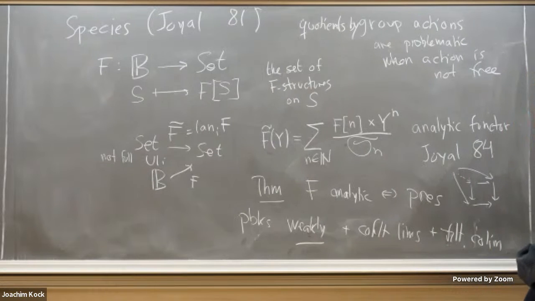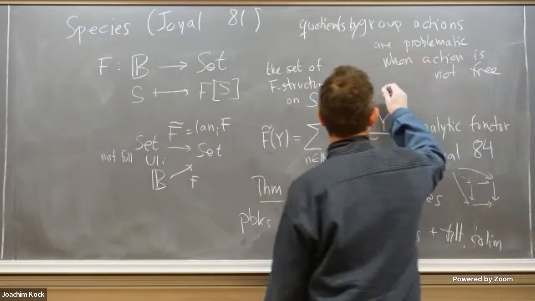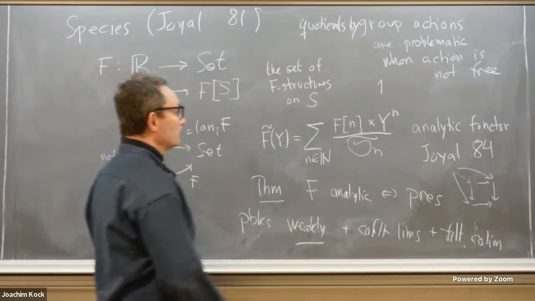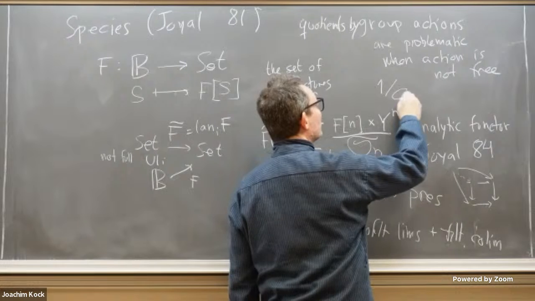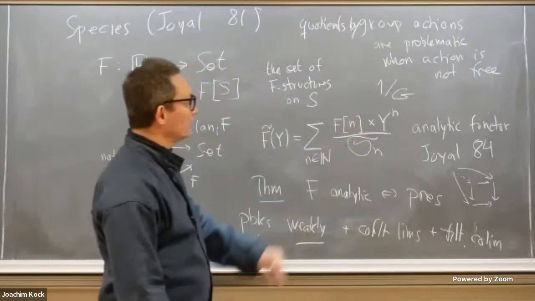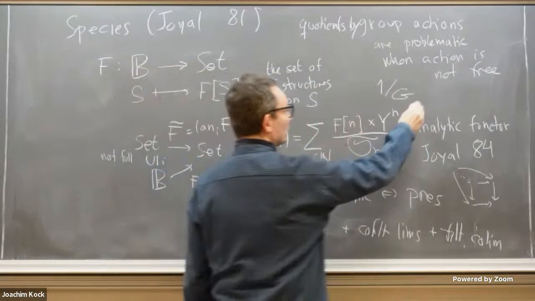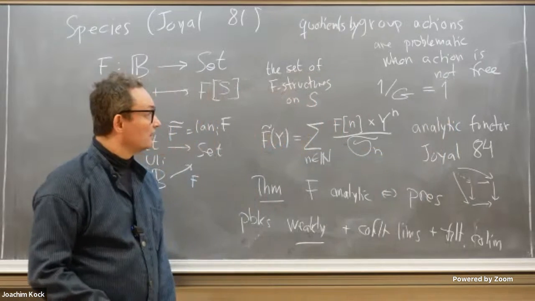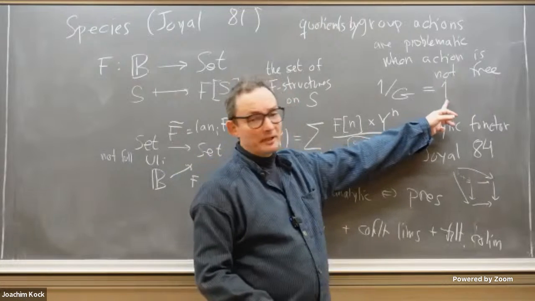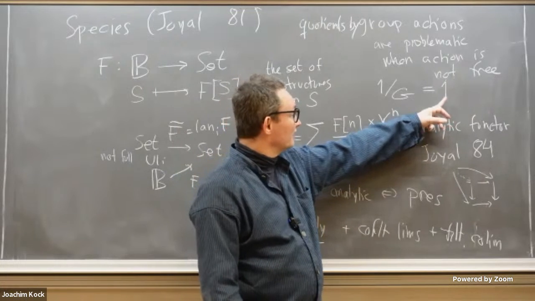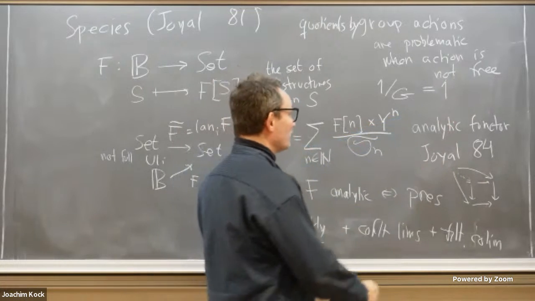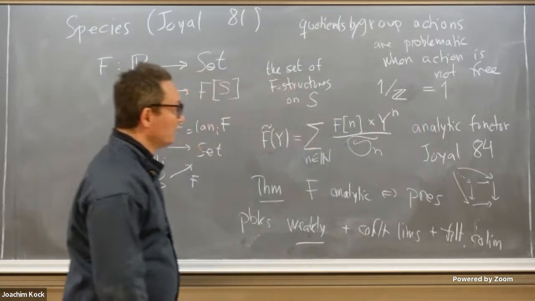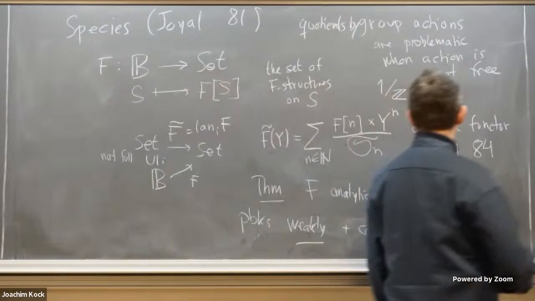So what's the problem? Suppose you take a one-element set and you act on it by a non-trivial group and you take the quotient. Then this quotient as a set is of course just a singleton again. But this is a bad colimit you're taking here. Let's take an example, let's take the integers. This is a bad quotient.